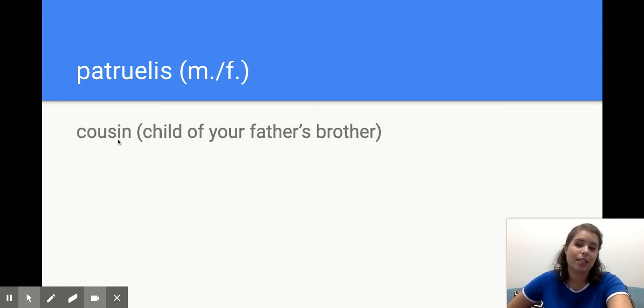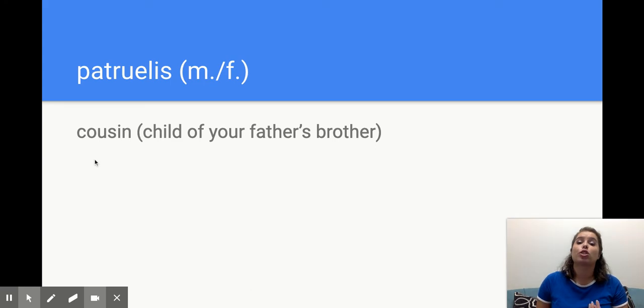So in this case, this is a cousin that is the child of your father's brother. So if your dad has a brother and he has children, that cousin would be your patruelis. And if it was a boy, it would be masculine. If it was a girl, it's going to be feminine, but the word doesn't change in this case. So your dad's brother's child is your patruelis.